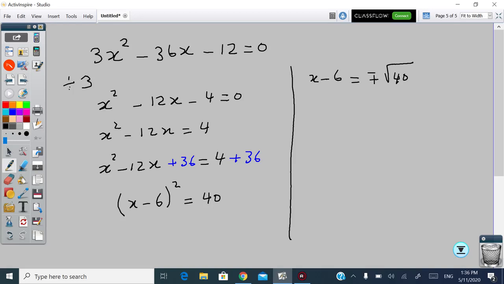But this is not in the simplest radical form. So we can say that this is equal to plus or minus 2 root 10 in simplest radical form. Therefore, x is equal to, take the negative 6 to the right hand side, 6 plus or minus 2 root 10. So you have two possible answers.